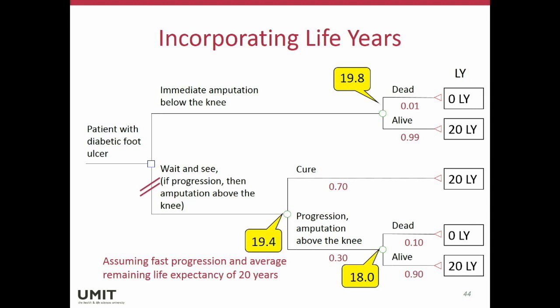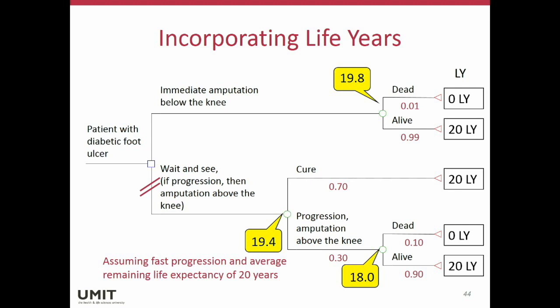We prune that tree, and we say immediate amputation below the knee gives us the maximum life expectancy. The numbers are really different, because now you can see what that means. On average, with this decision, we gain 0.4 life years. And some people may say, well, that's not enough for me to risk something. But of course, in the end, people die or don't die. They don't get a half-life.